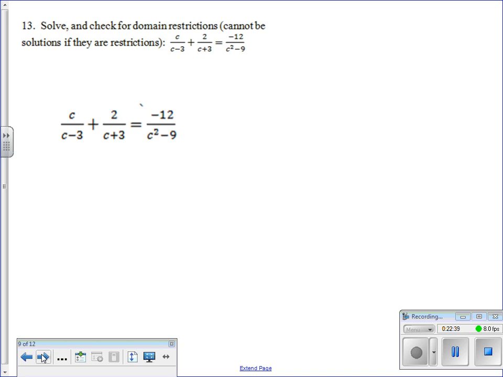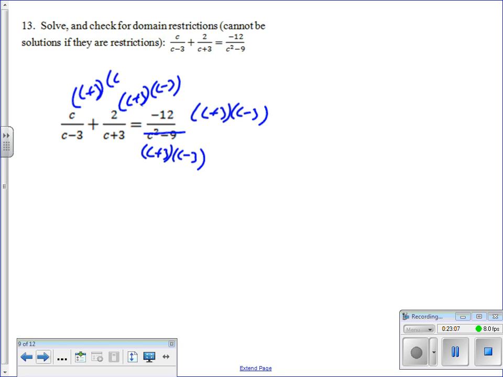My first step is to actually factor. So I get c plus 3, c minus 3. And now multiply everything times my common denominator. My common denominator would be c plus 3, c minus 3. So I multiply everything by c plus 3, c minus 3.